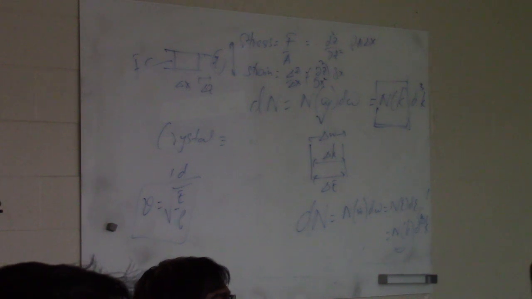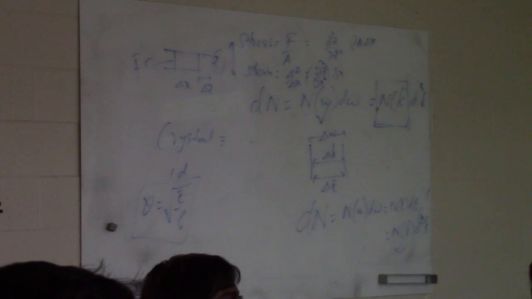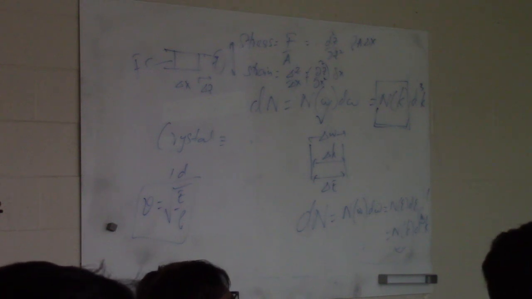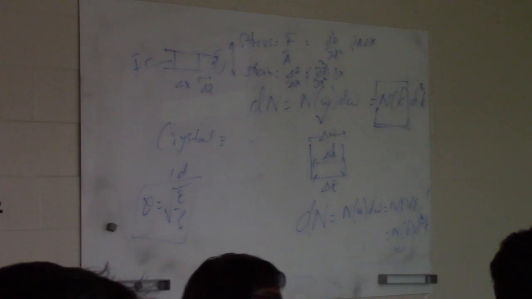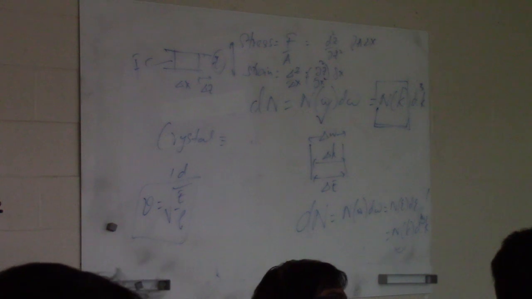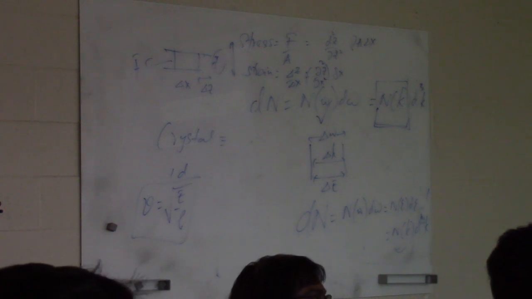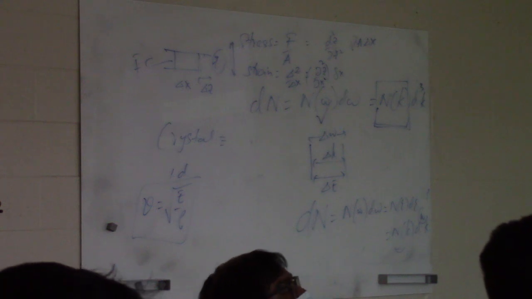If it is 2 dimensions, dn equals A over 4 pi squared times d squared k. If it is a 1 dimensional case, it is L over 2 pi times just dk. That's it, very simple. If you do it methodically, you will never make a mistake.